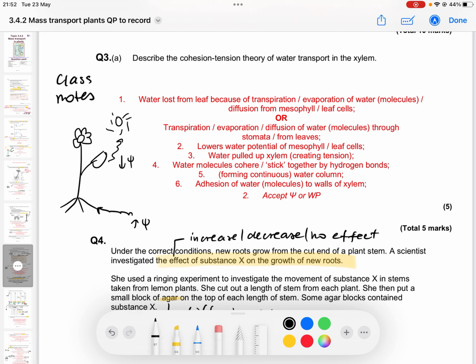So remember, in the soil we've got higher water potential, in the roots lower water potential, so the water will enter by osmosis.